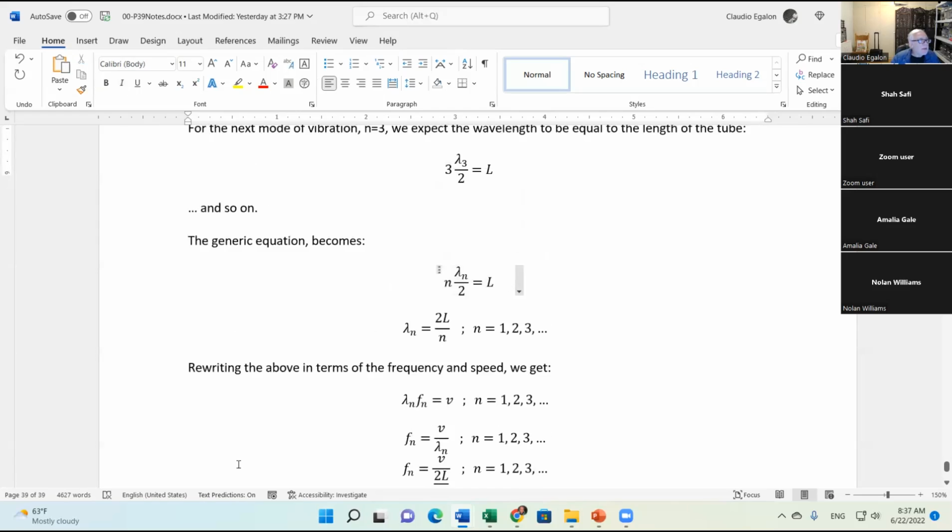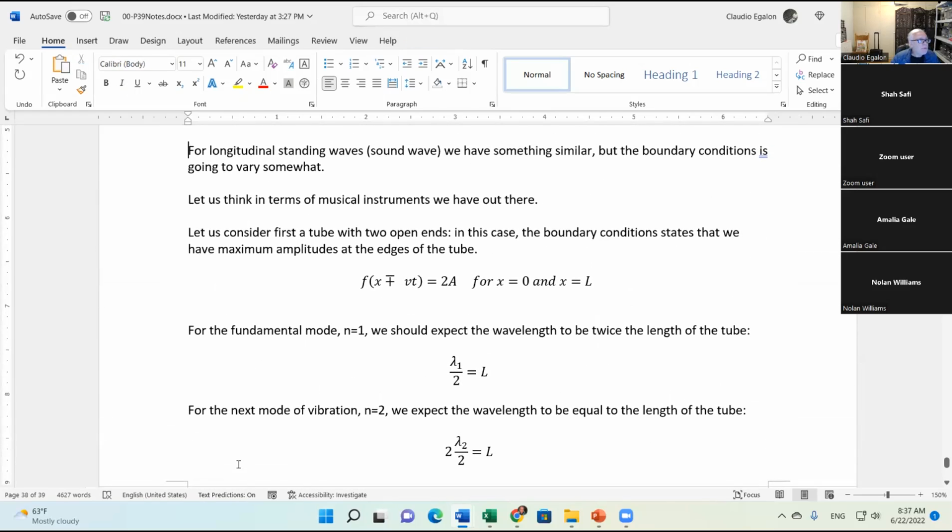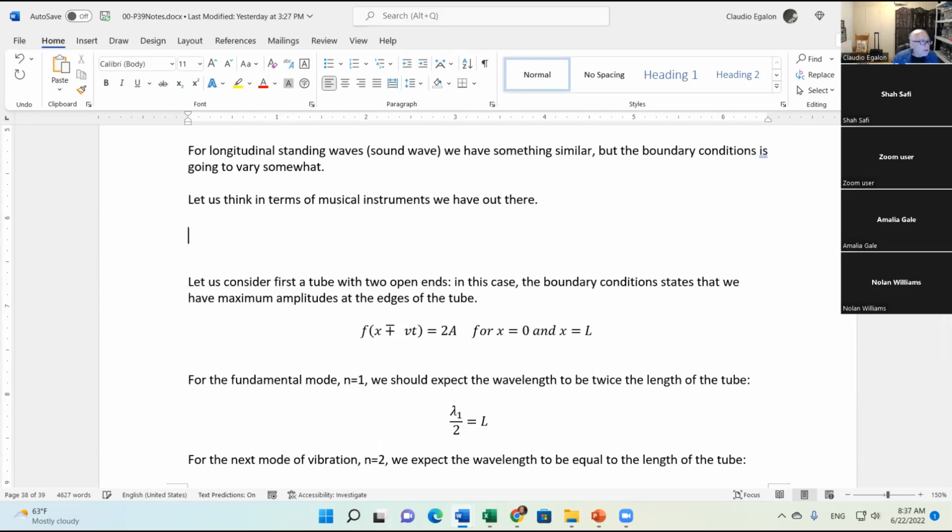Two cases of standing longitudinal waves.